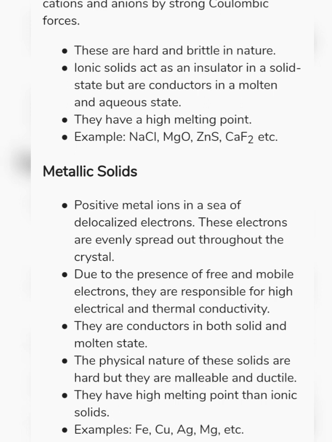They are conductors in both the solid and molten states. The physical nature of these solids is hard, but they are malleable and ductile. They have a higher melting point than ionic solids. Examples: Fe, Cu, Ag, Mg, etc.